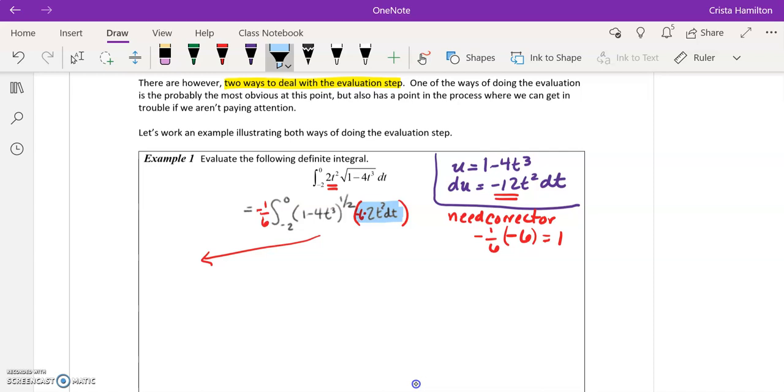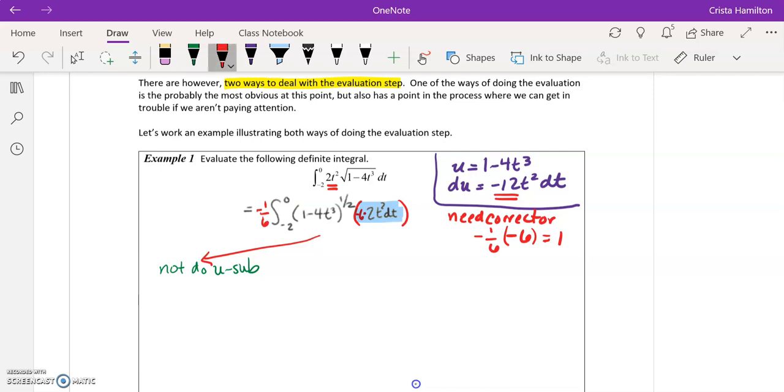So we ignore that now that we have the corrector. We can do this in our head without actually doing the u substitution. So this is the option of not doing the u sub. We just think about it in our head, but we don't actually do it.